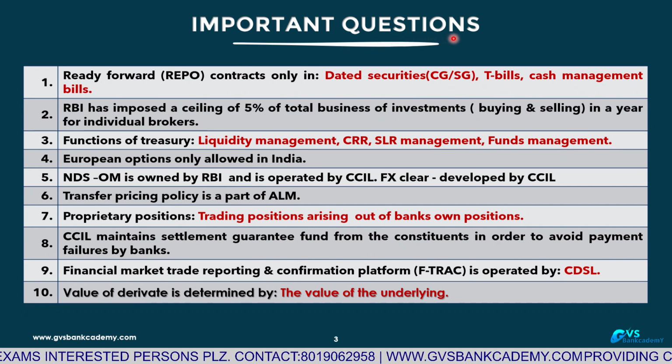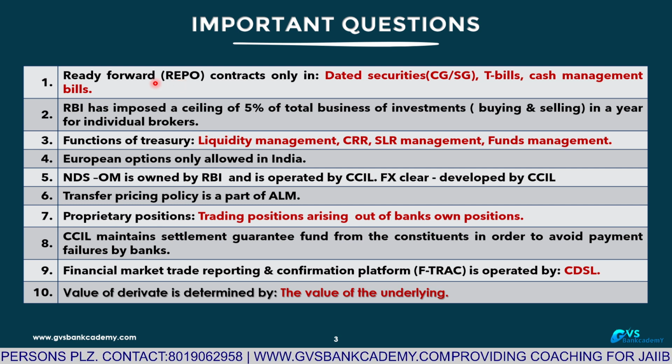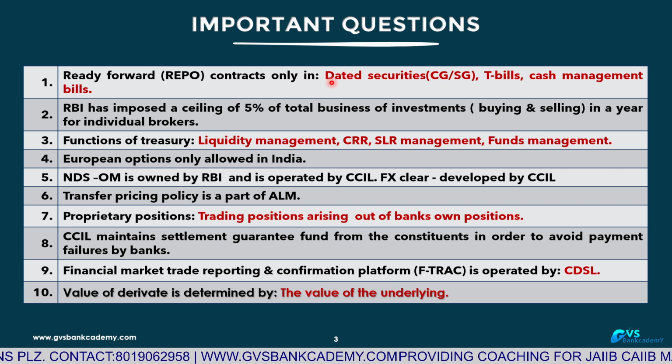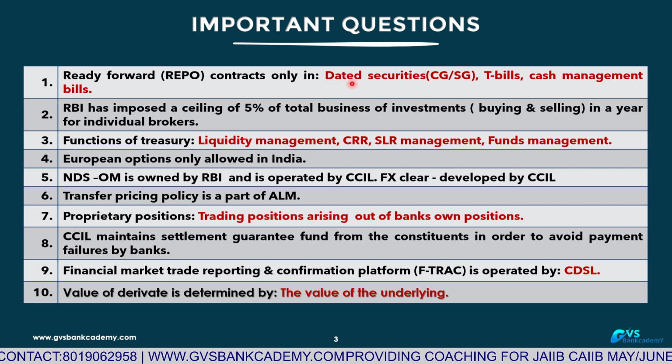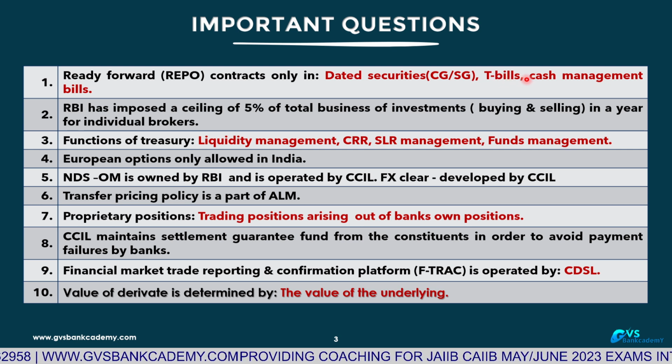Important questions for revision. Repo, repurchase obligation, ready forward. Repurchase ready forward contracts: the securities which are accepted are only dated securities, meaning central government and state government dated long term securities, treasury bills of 91 days, 182 days, 364 days, and cash management bills up to 90 days.